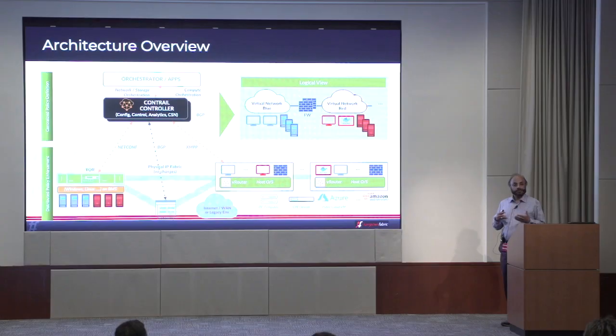Now at the bottom right-hand side, you will see a bunch of hypervisors, right? And that's where VRouter runs. Tungsten fabric is a VRouter based architecture. It's a layer 3 architecture. So you don't need any other additional routers. Routing is everywhere.